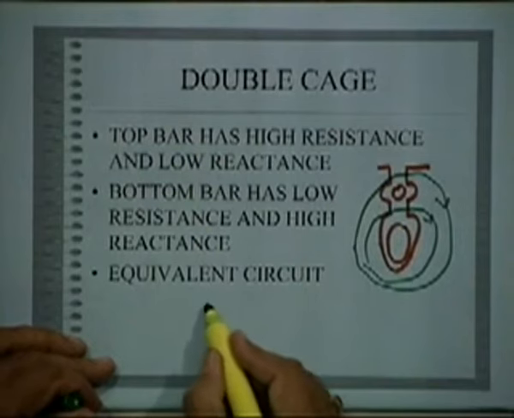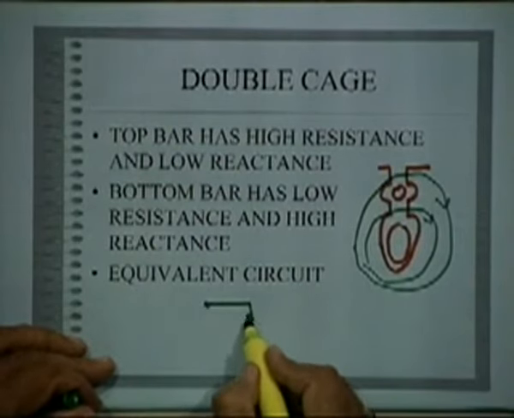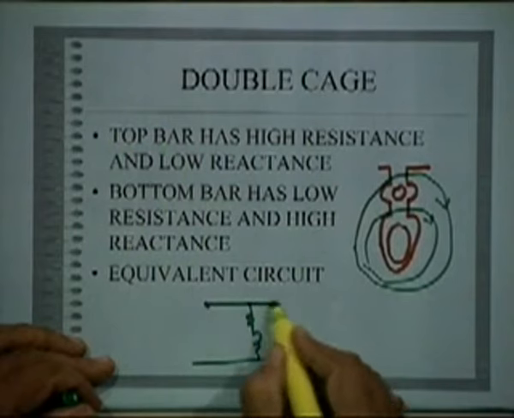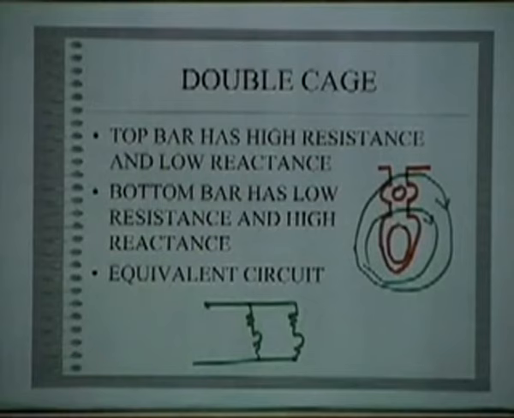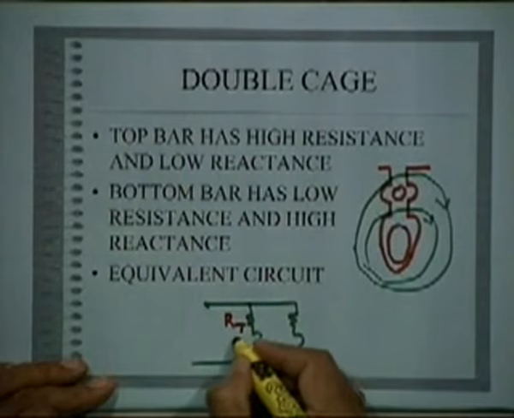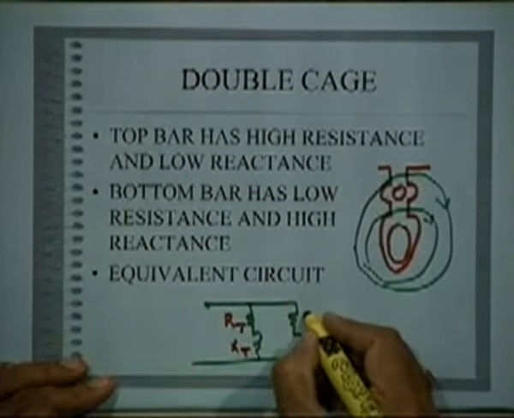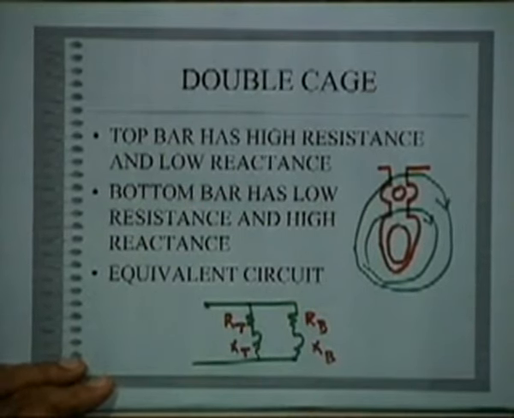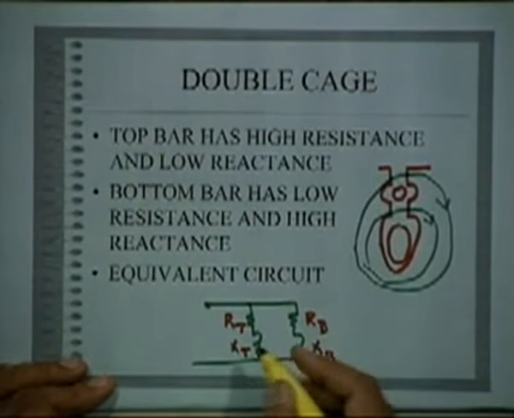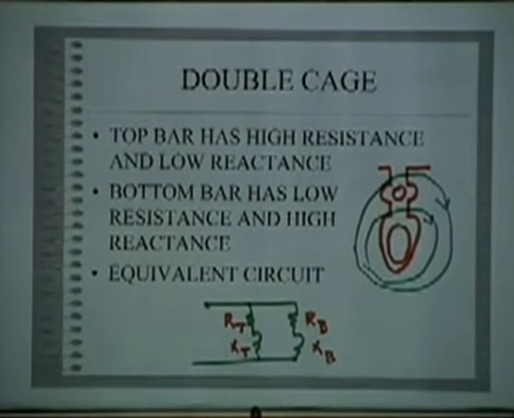So your rotor equivalent circuit will be two parallel circuits. This will be the rotor equivalent circuit, with RT and XT, and RB and XB. That means at start, the top branch is effective, because almost no current will flow through the bottom. So you start perfectly only with this.